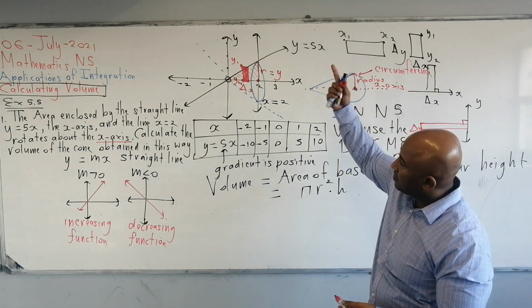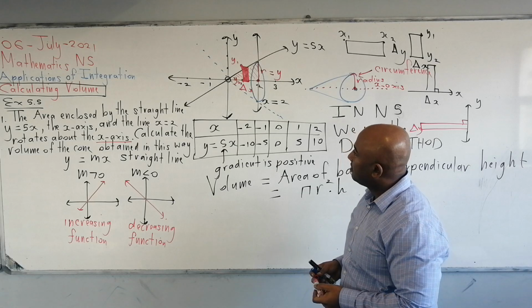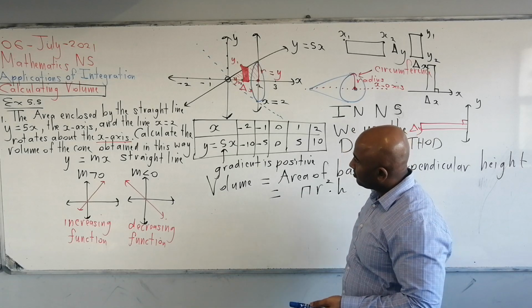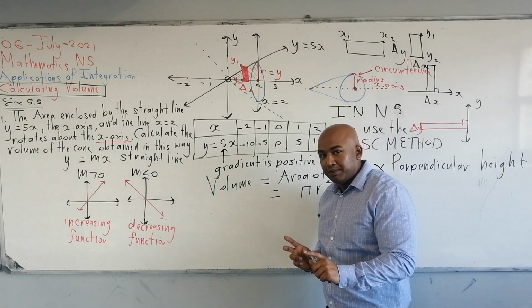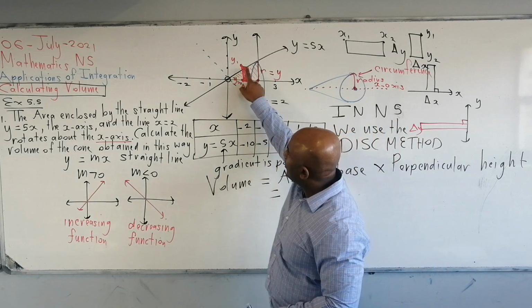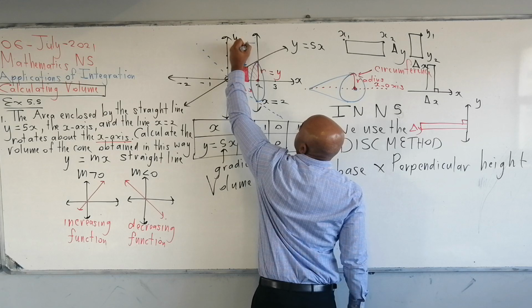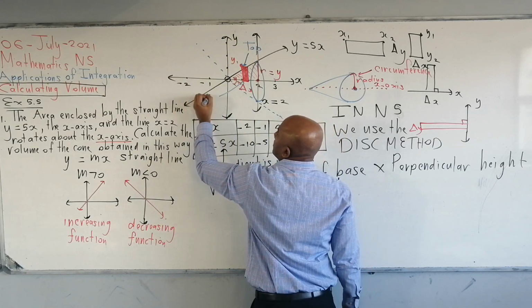Always, top is y1, bottom y2, it's up to you. Or top y2, bottom y1. Right, now, what's touching the top, what's touching the bottom? Just like how we did area. So this is the top. And this is the bottom.